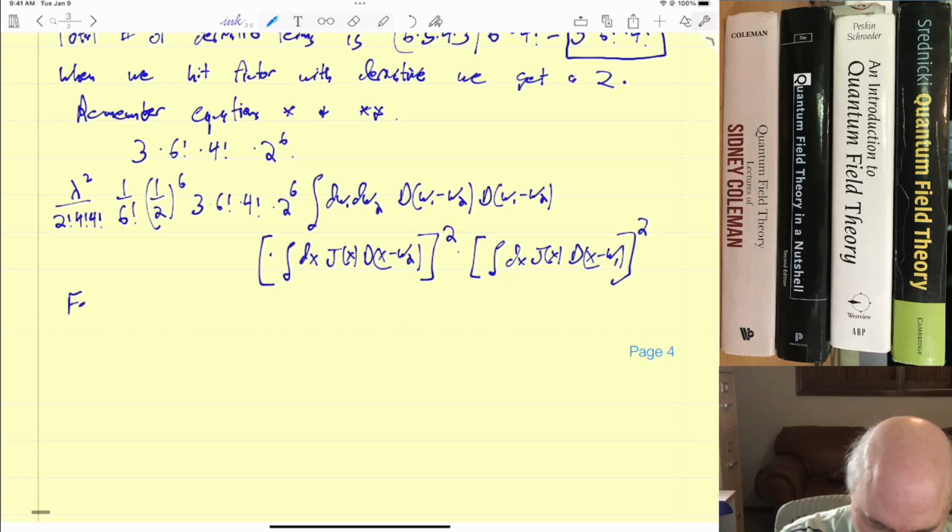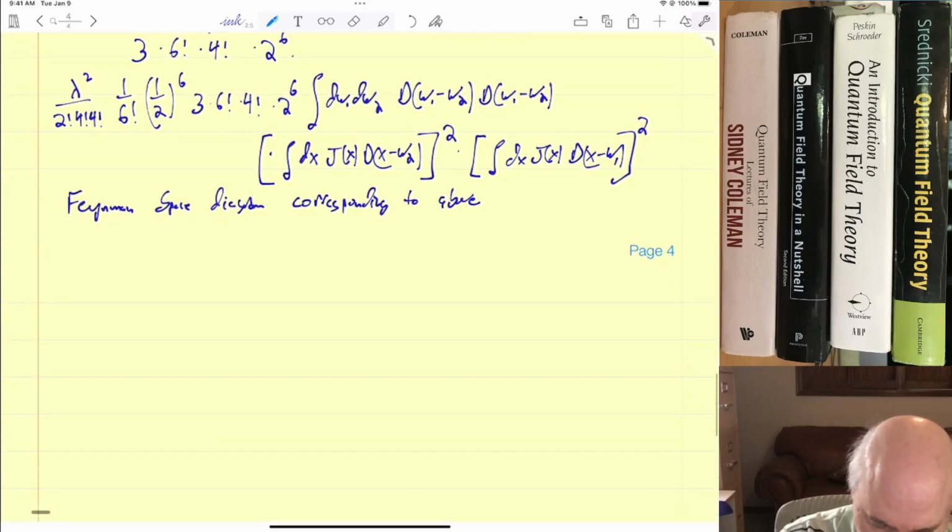If we were to draw the Feynman space-time diagram corresponding to this, we get something like this. W2, W1. We have 2 sources. I'll use X for the sources, and 2 sources coming out.